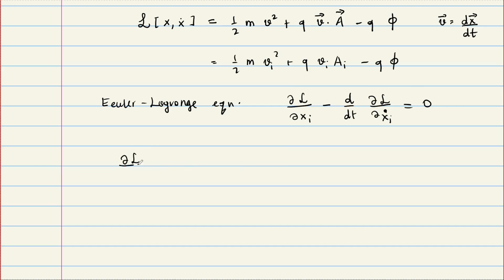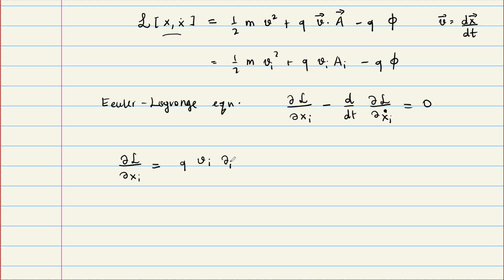So del Lagrangian del x_i is equal to, right? What we are assuming is x_i and its derivative are independent variables. That's why I write this, right? X and its time derivative are independent. So that's why there is no derivative coming from here. There is no derivative coming from here, but there is this q v_j.